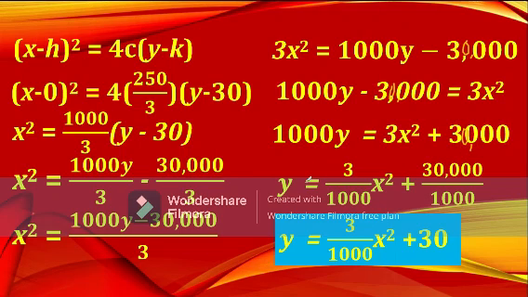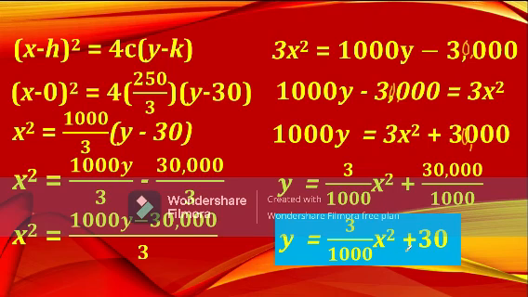Okay, then y is equal to 3x squared over 1000, because we divide both sides by 1000, plus 30,000 divided by 1000. So you have y is equal to 3 over 1000 x squared plus 30.